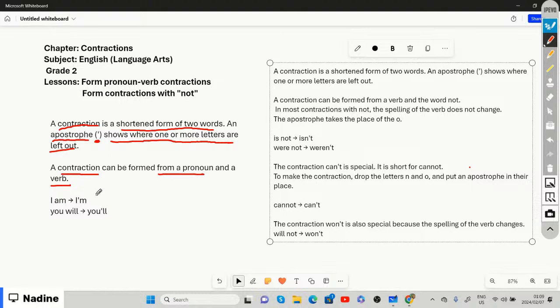So we are doing contractions. And now we're going to be focusing on forming pronoun verb contractions, as well as forming contractions with the word not.